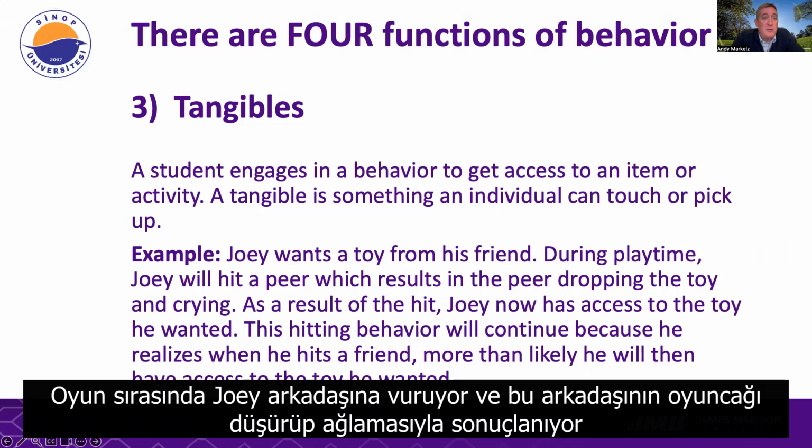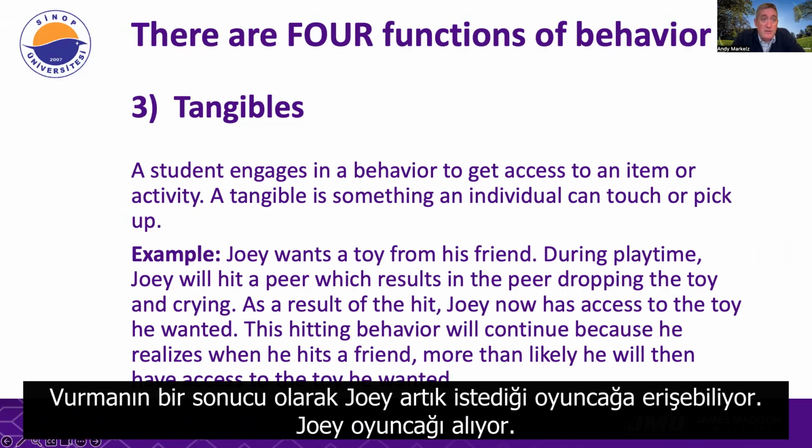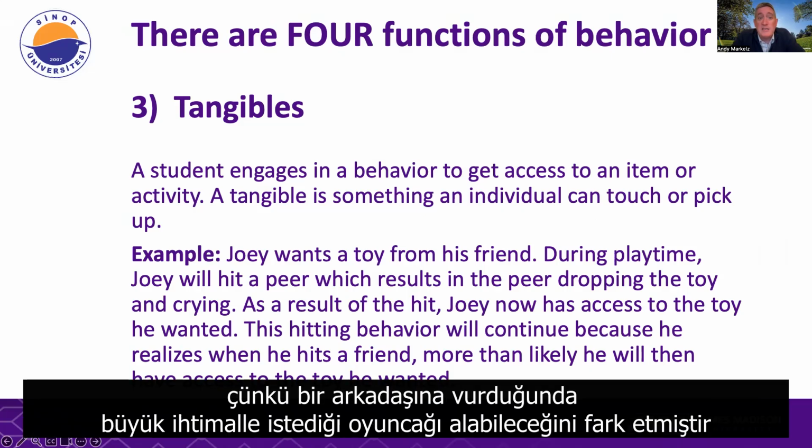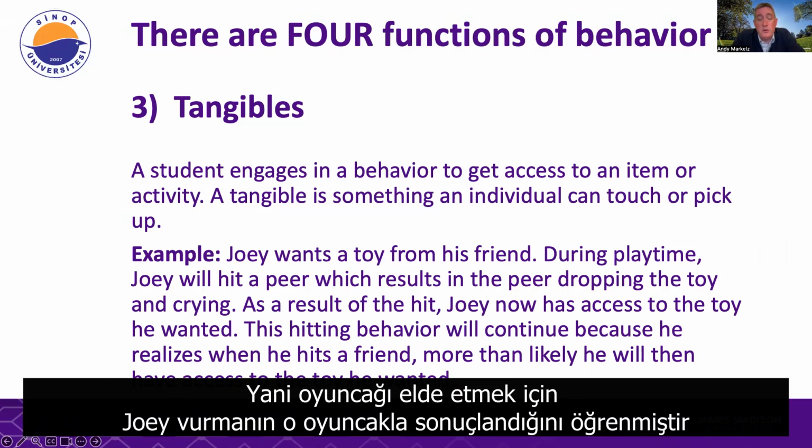During playtime, Joey hits his friend, and it results in his friend dropping the toy and crying. As a result of the hit, Joey now has access to the toy he wanted. His hitting behavior will most likely continue because he realized that when he hits a friend, he will more than likely get the toy that he wanted.